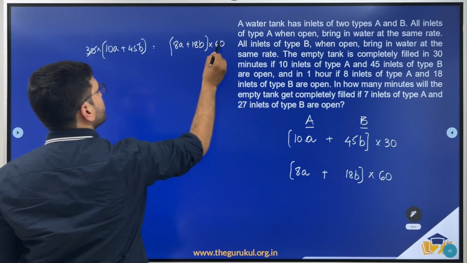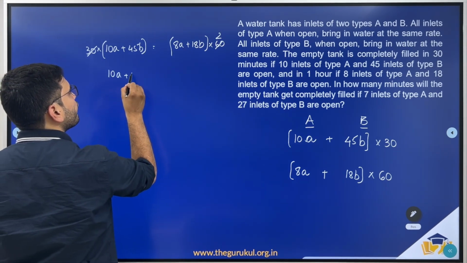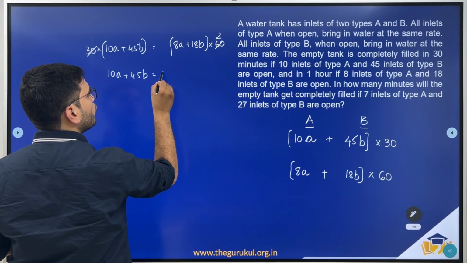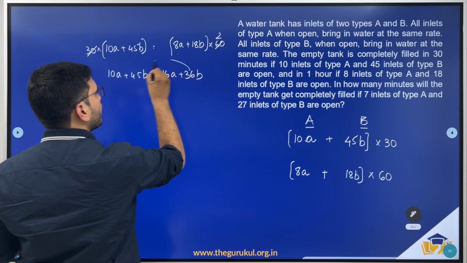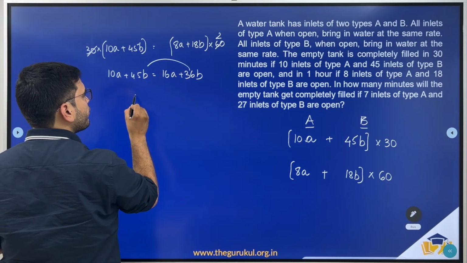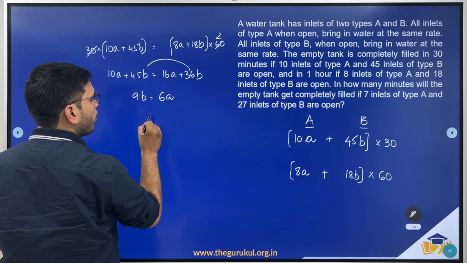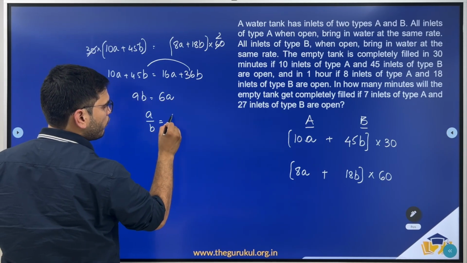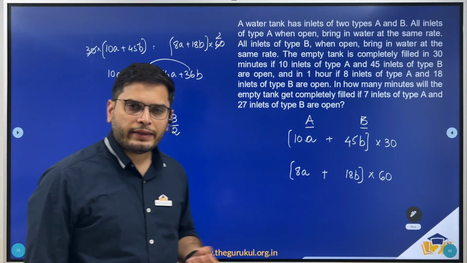So 30 is half of 60. Then what do we have? 10A plus 45B is equal to 16A plus 36B. Now 45 minus 36, 9B is equal to 16 minus 10, 6A, or A by B is equal to 3 by 2.